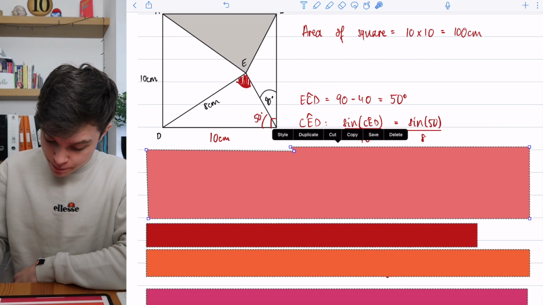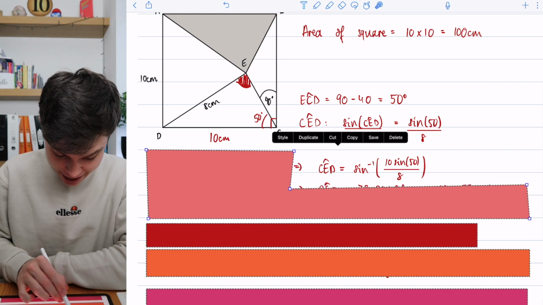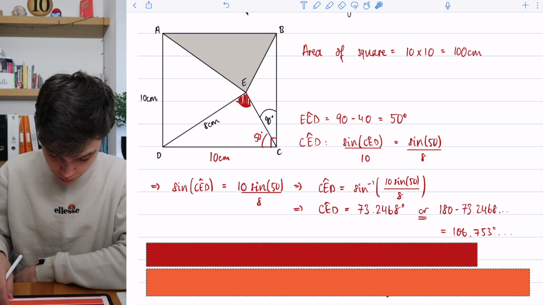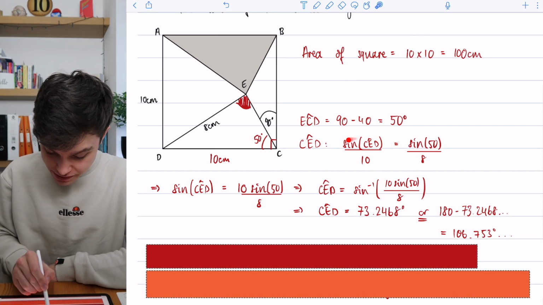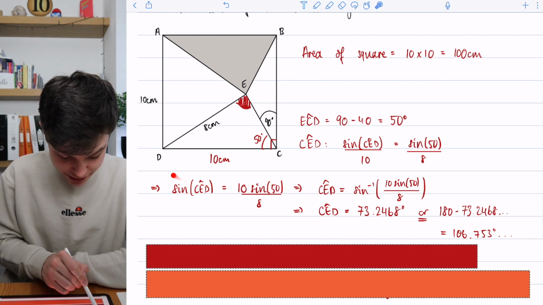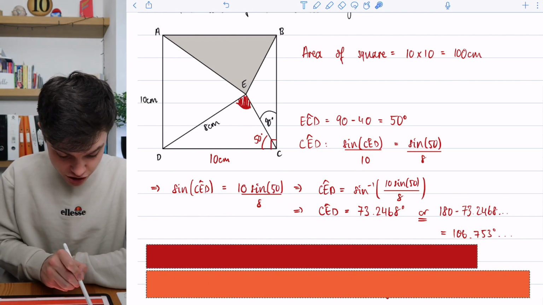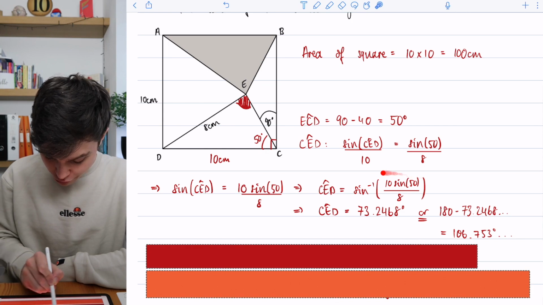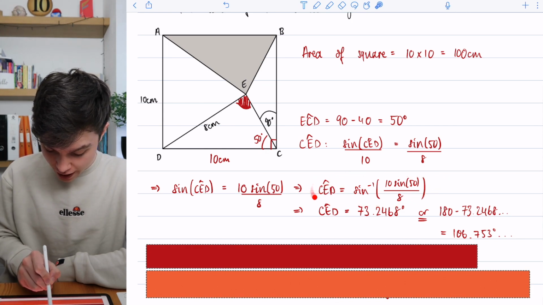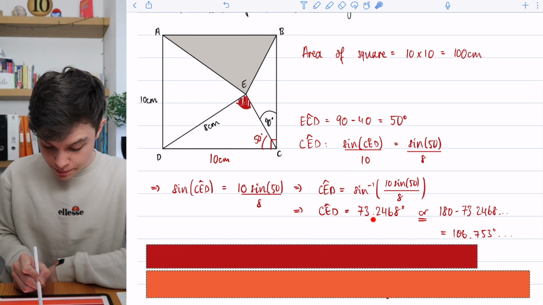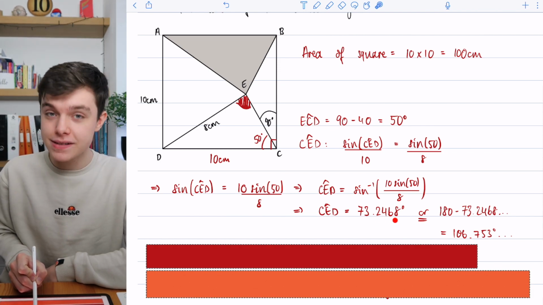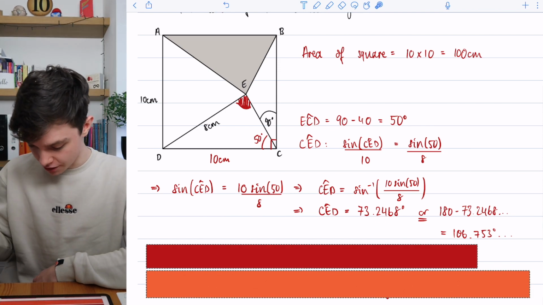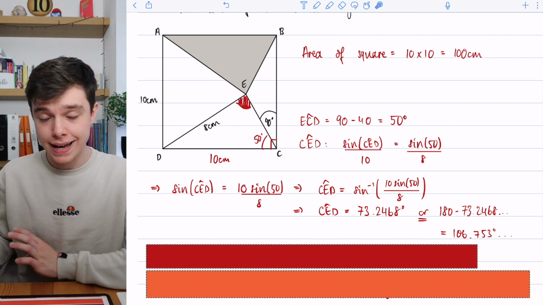So just basically work through the calculation. I'm going to multiply both sides by 10. Multiply both sides by 10 gives me this part here. And then I'm just going to inverse sine, just to give me the angle that I want, which is 73.2468 degrees. Of course that carries on, but that is the angle.